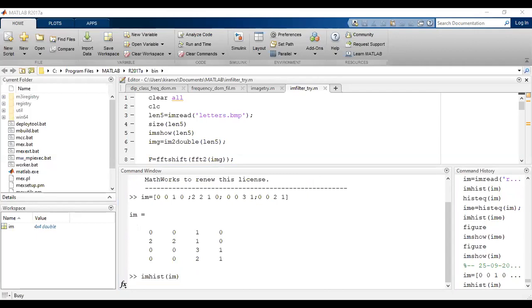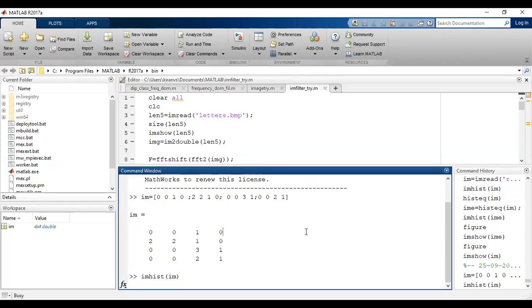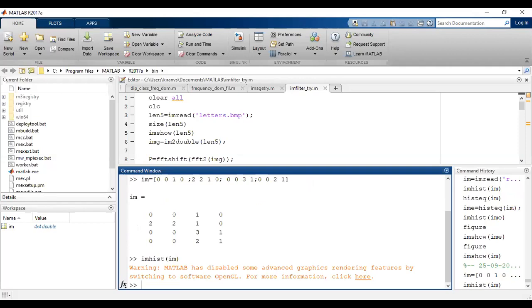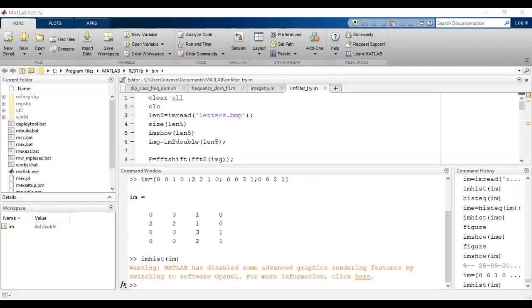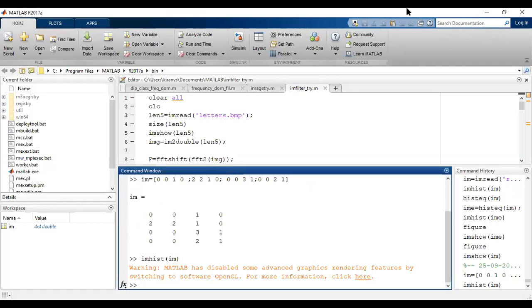So I did that histogram. It's 4 cross 4 double. I should have converted the data type there, so the histogram has not popped up.